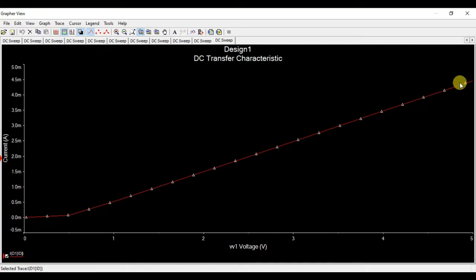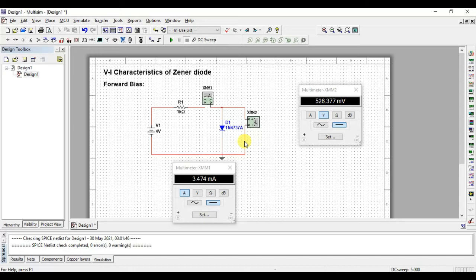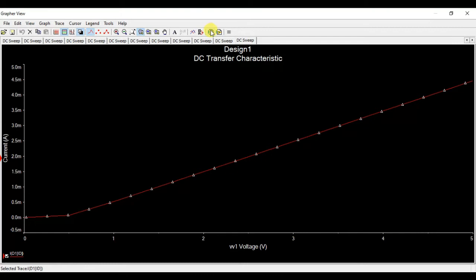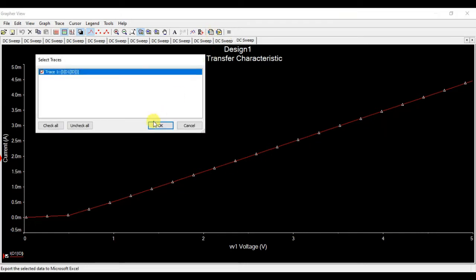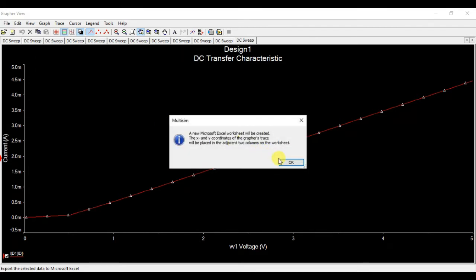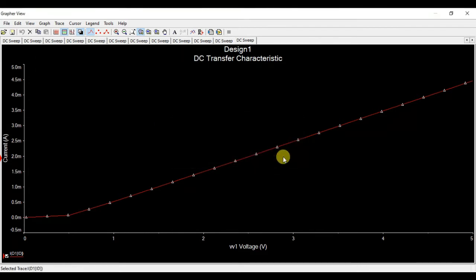Linearly. Next, if you want to transfer the characteristics wholly to an Excel sheet, you can use this one, that is export to Excel. Here you can click this, a dialog box will appear, and just click OK. It will redirect to the Excel file.